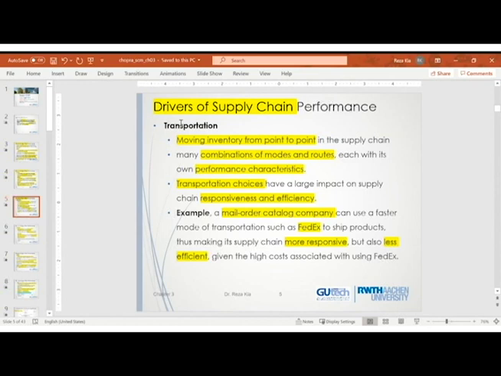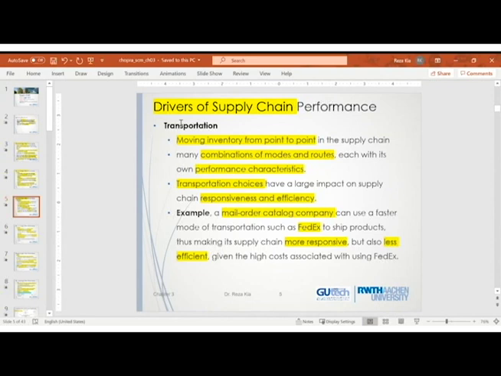If you use the fastest transportation mode, such as FedEx, it means that you are providing a short delivery time. So it means that your supply chain is more responsive. But in terms of efficiency, maybe it's not, because then it's imposing a huge amount of cost.